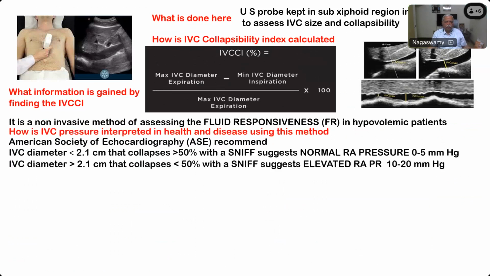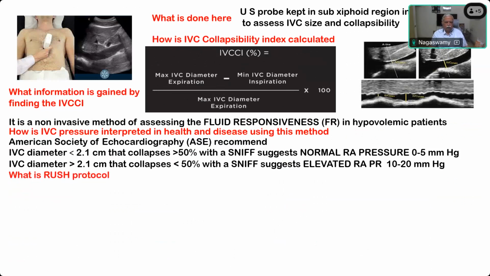The American Society of Echocardiography recommends: IVC diameter less than 2.1 centimeters that collapses more than 50% with a sniff suggests normal RA pressure of 0 to 5 mmHg. Whereas IVC diameter more than 2.1 that collapses less than 50% with a sniff suggests elevated RA pressure of 10 to 20 mmHg.